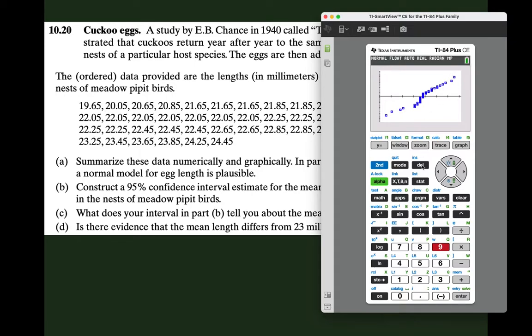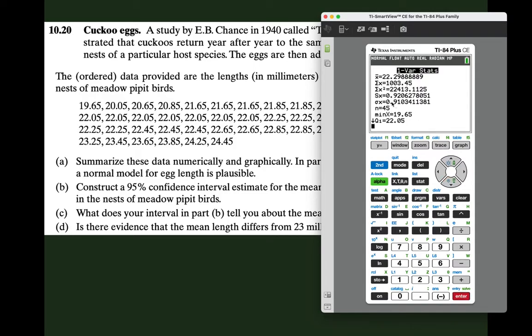Now, the other thing about the data here is, let me go back to the 1-Var Stats for a minute and look at that output one more time, because I want to key on this sample size. In chapter 10, which is the chapter this example comes from, there's a discussion of when using the normal distribution is appropriate and when using the student t distribution is appropriate.